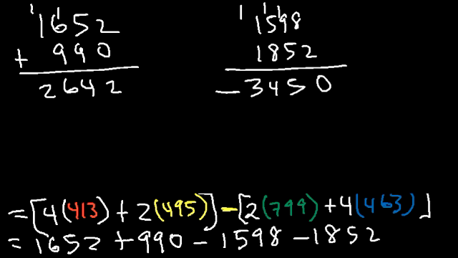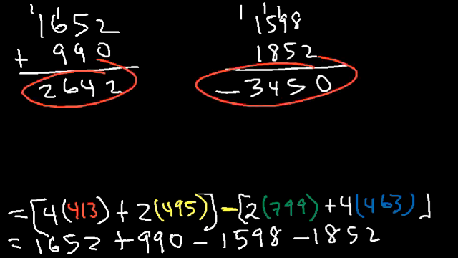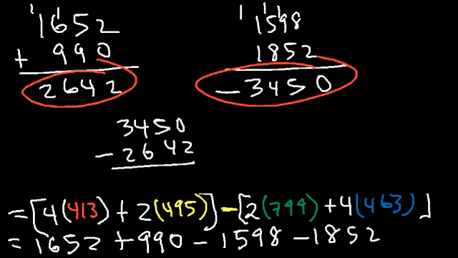So now we need to combine these two numbers. Let's subtract the smaller number from the larger number. Because the larger number is negative, overall our answer should be negative. So now let's subtract. 2 is greater than 0, so we need to borrow a 1 from the 5. So this is going to be 4. And then 10 minus 2 is 8. 4 minus 4 is 0.